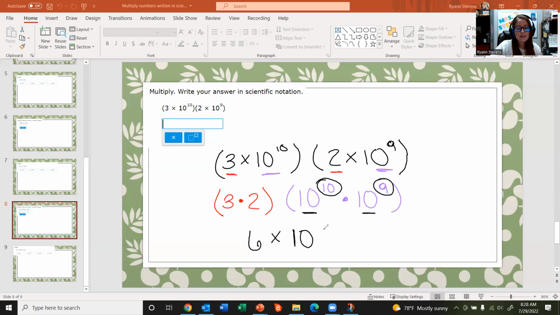So we would just take this, say 10 plus 9, and that would leave us with an answer of 6 times 10 to the 19th power. So we have to make sure that we incorporate those rules with exponents into solving this where we're multiplying numbers that are written in scientific notation.